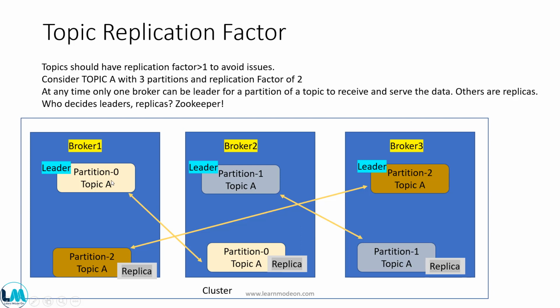It's a copy of this partition. Just in case broker 1 is down, this replica becomes the leader for this partition, and the data will be received into this partition, and also the data will be sent out of this partition to the client until broker 1 comes up. Okay, who decides this leader and who decides this replica? This is taken care of by Zookeeper, which you will see later.